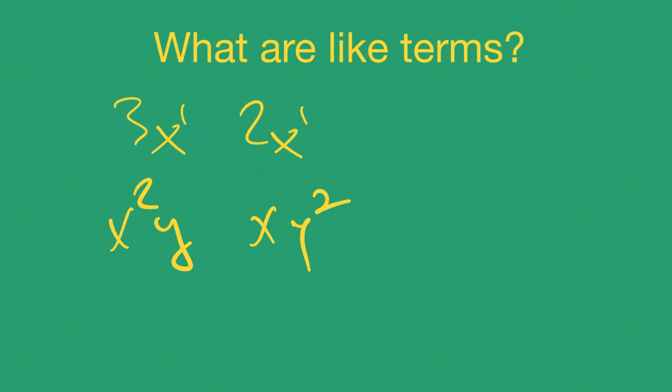Y here, y squared here. They do have the same variables, but they do not have the same exponents, so therefore, these terms are not like. Boy, it sure looks like they are, and we say, hey, they both have x's and y's, correct, but guys, we've got to check the exponents too. We okay with this? Like terms have got to have the same variables with the same exponents.